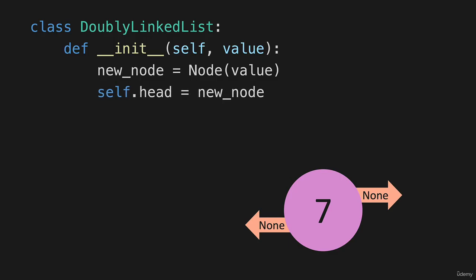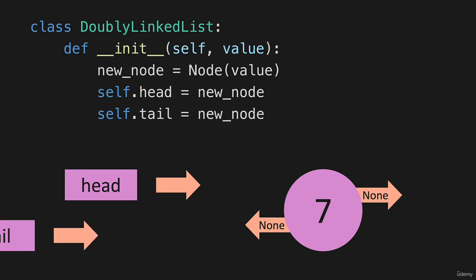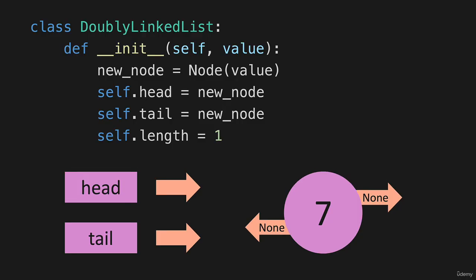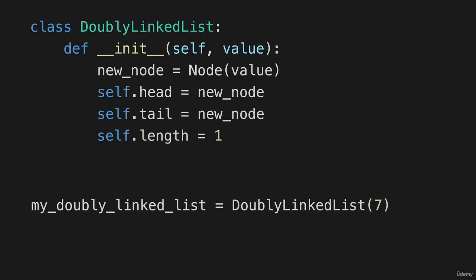And then we'll say self.head equals new node, like that. Self.tail equals new node, and that does that. And then we'll say that the length is 1. So we'll create a new doubly linked list by doing something like this. my_doubly_linked_list equals DoublyLinkedList.